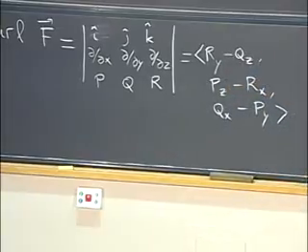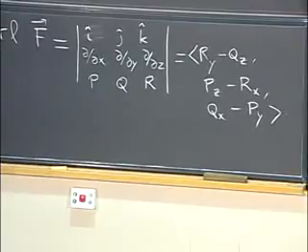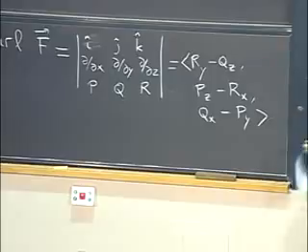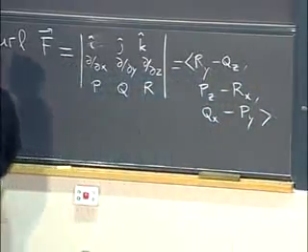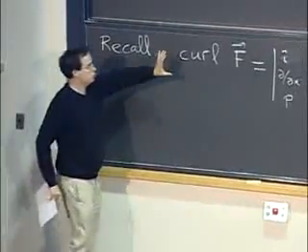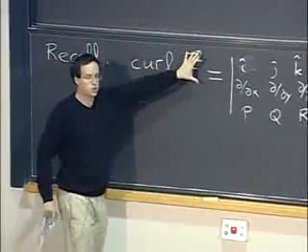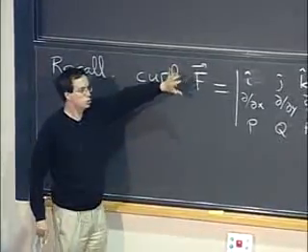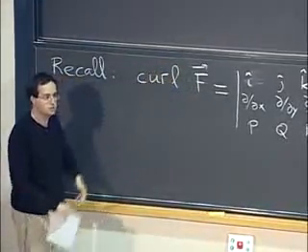I also tried to explain very quickly the significance of a curl. Basically, if you imagine that your vector field measures the velocity in some fluid, then the curl measures how much rotation is taking place in that fluid.